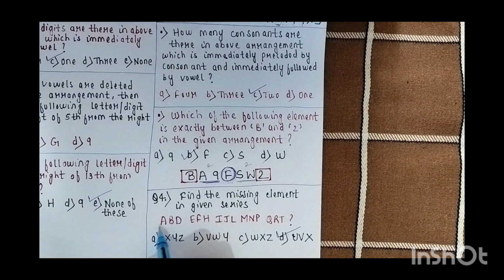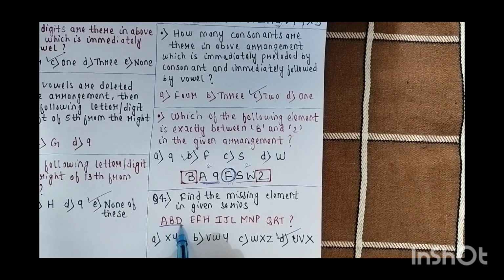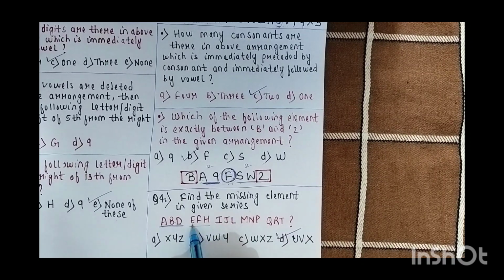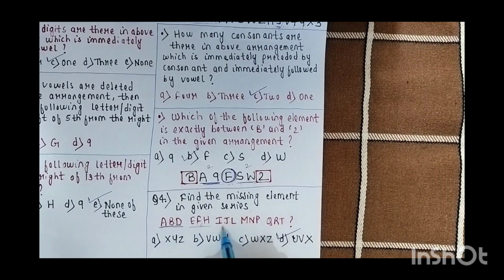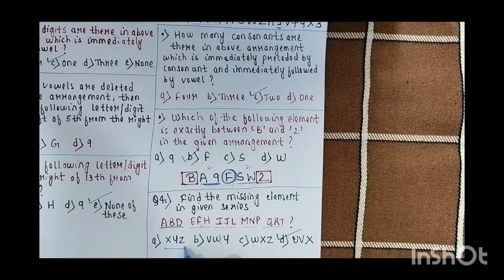So here see what is happening in this. A, B, C is missing, D is coming, correct? Then here you see E, F, G is missing, H is coming. So similarly, that pattern is going on. So, okay. So here you see in this options, X, Y, Z is there.